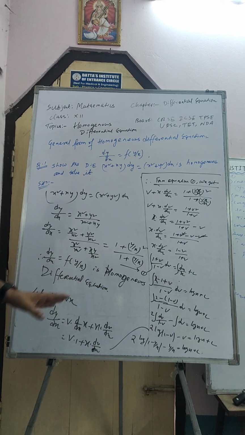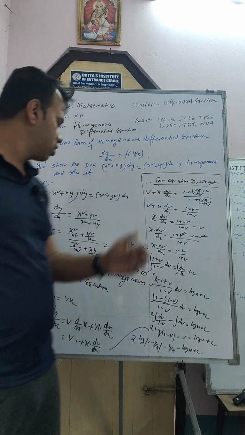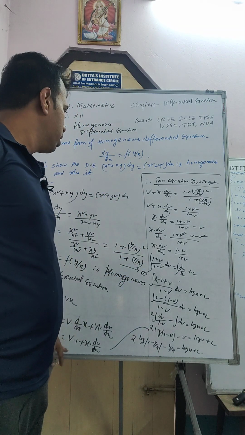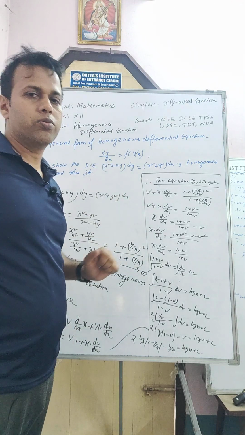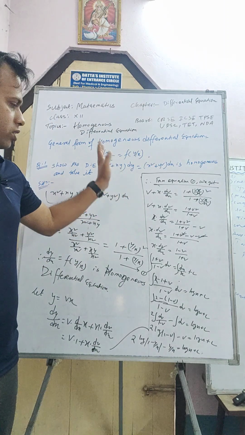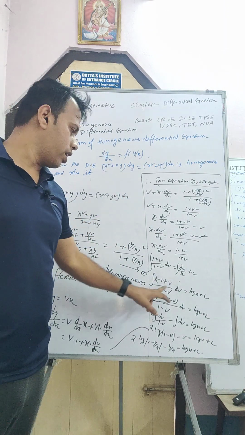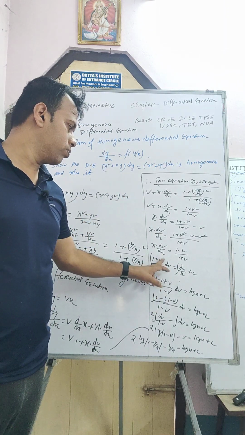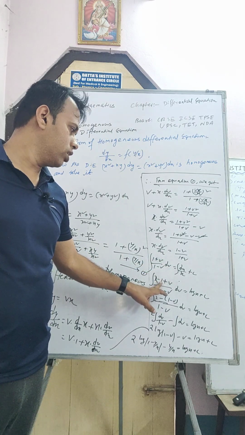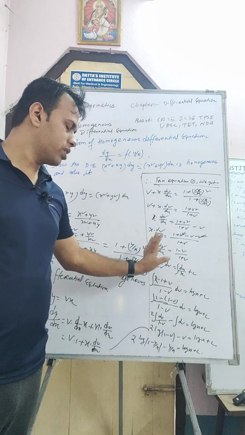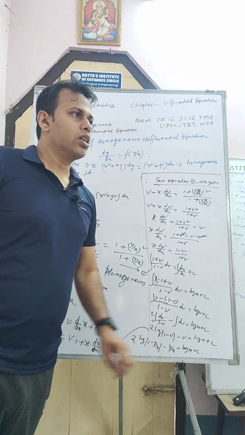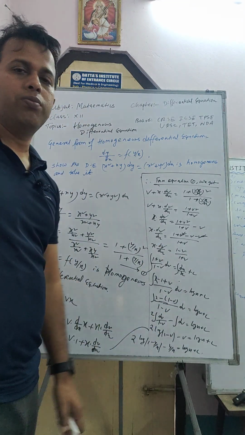And to solve a homogeneous equation, we always put y equal to vx. After that I differentiate with respect to x and put the value of dy by dx and y equal to vx. After simplification this came. Here I do an integration, it became 1 plus v by 1 minus v. I write 2 minus 1 plus v. After that it will be 2 minus 1 minus v, and after simplification this one came. And after that I just put the value of v.